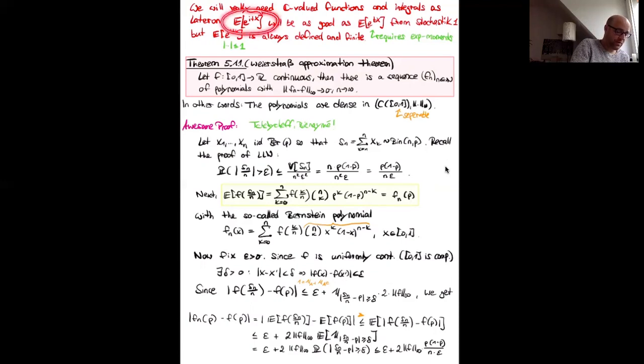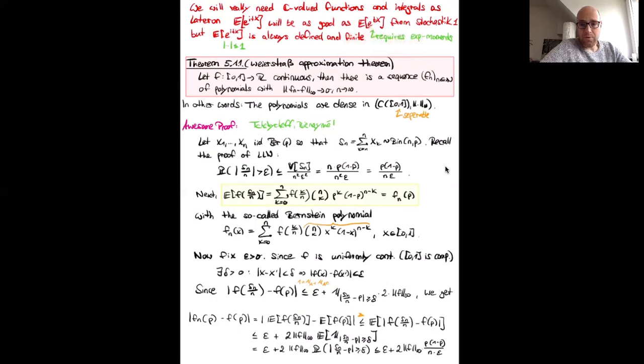We want to show, at the end of the day, that such expectations uniquely determine the random variable X. This is a question about separating families. Separating families are families that uniquely determine measures through integrals, and these are integrals, like the integral of e to the tx dP_X of x.